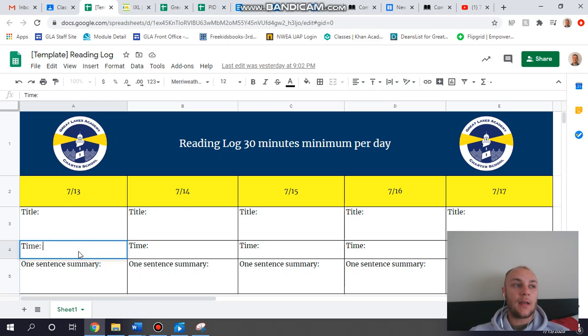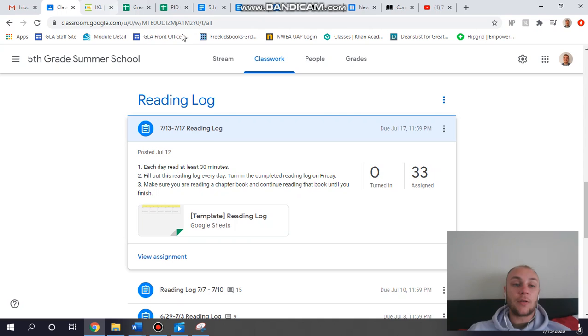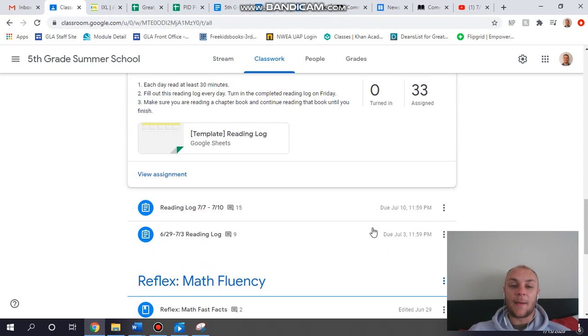Right now, I just finished a book called Lima and Limon, and I'm going to start reading a book by Ocean Vuong called The Night Is Open with Wounds. For time, you need to read for a minimum of 30 minutes. You should read more if you can, okay? And then just give me a 1-sentence summary about what happened. Once you're done, you just click the X and come back. You only turn in on Friday.